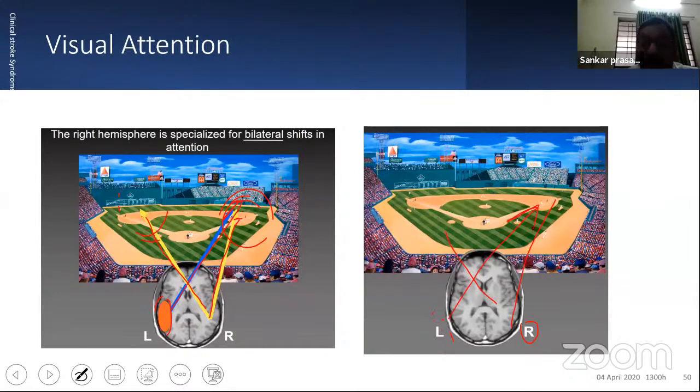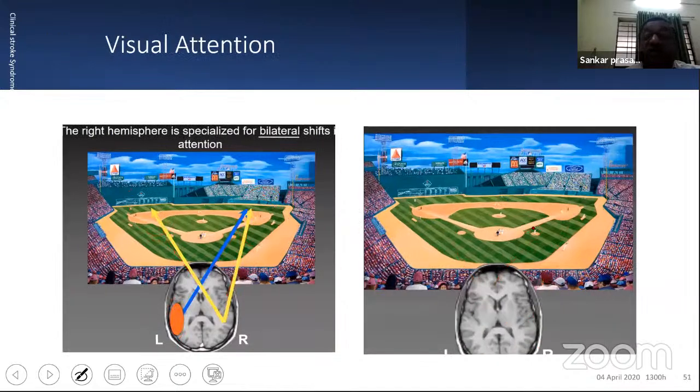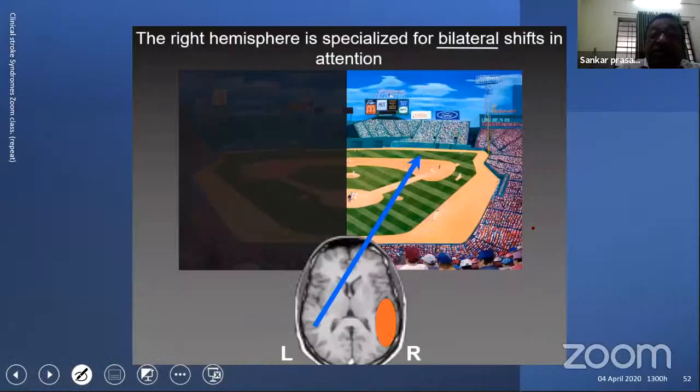So what happens? Because of this problem, if there is a problem in the right side, he is not able to see what is on the left. He can only see the right because the left hemisphere is helping. So what you get is a neglect, inattention on the left side.